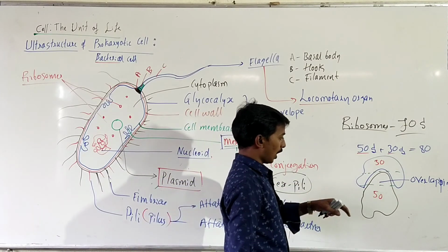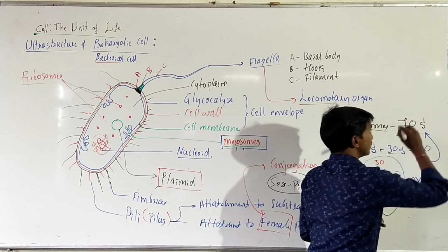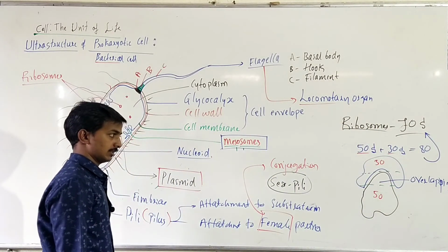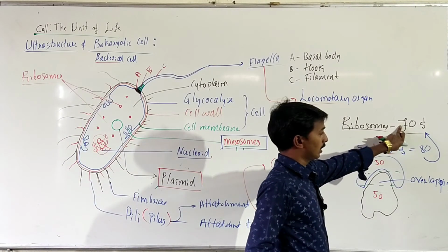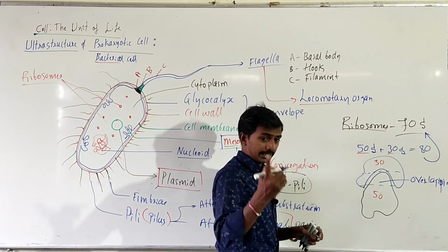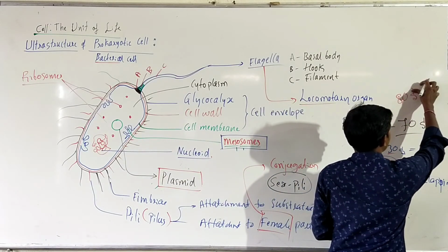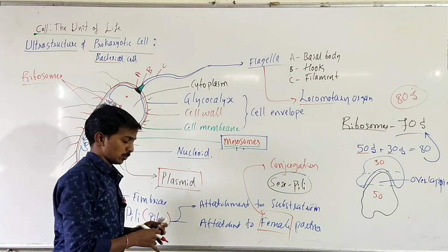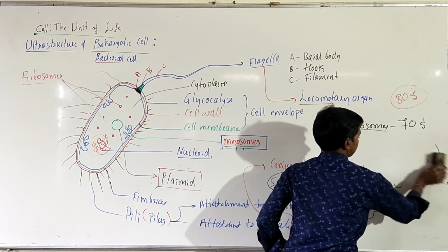That is why out of 50 plus 30, 80, we are considering only 70S. Right. So in prokaryotes we have 70S type ribosomes, and in eukaryotes we have 80S type ribosomes. Okay, we'll discuss in later classes. Just remember the ribosomes in a prokaryotic cell are of 70S type.